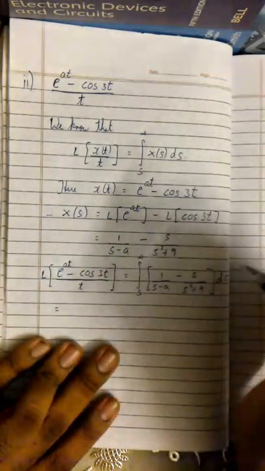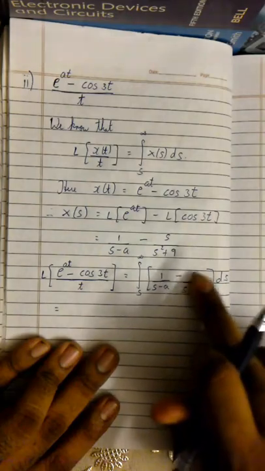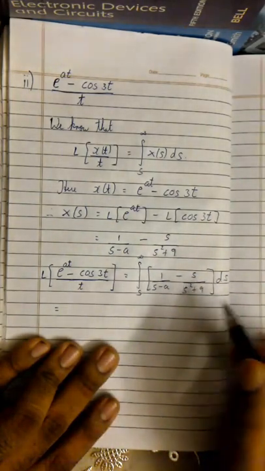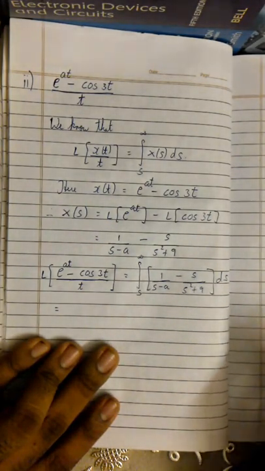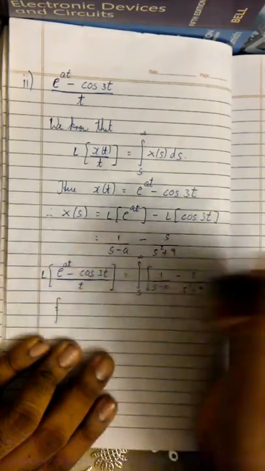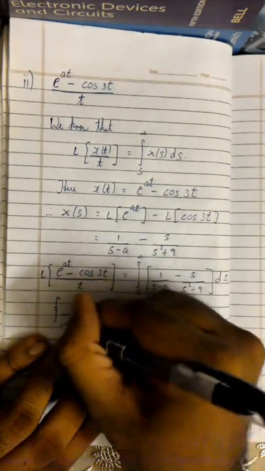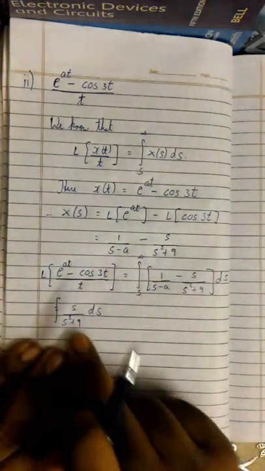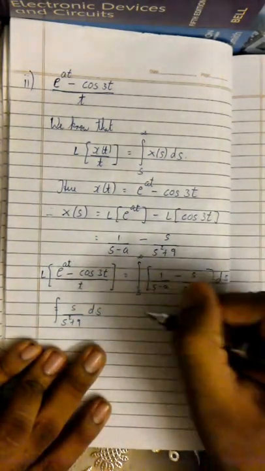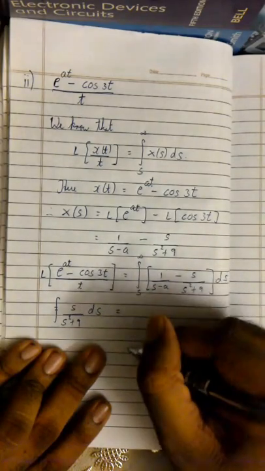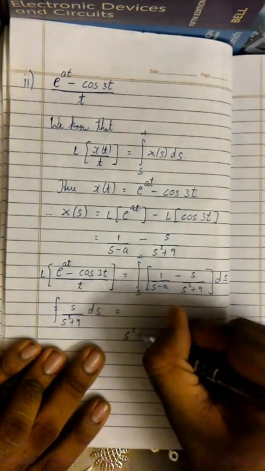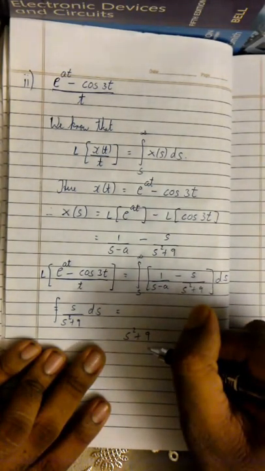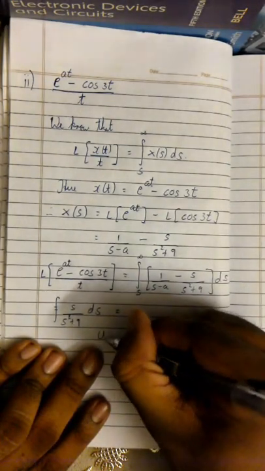What I'm going to do is find the integral of this second term, s by s square plus 9, integral s by s square plus 9 ds. To find the integral, I simply let s square plus 9 be u.